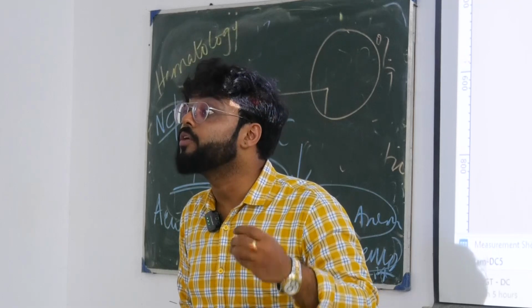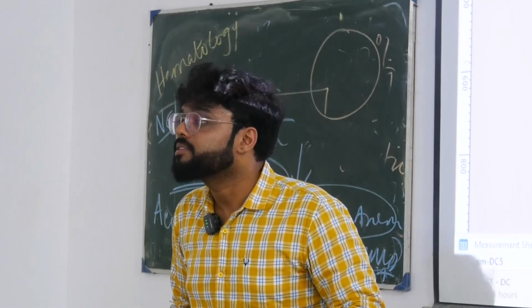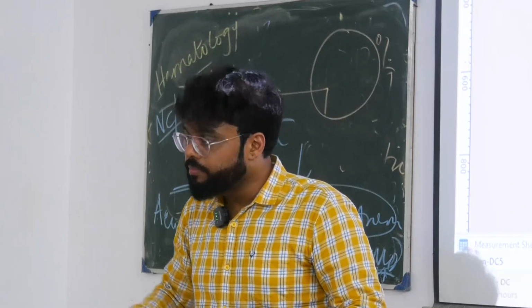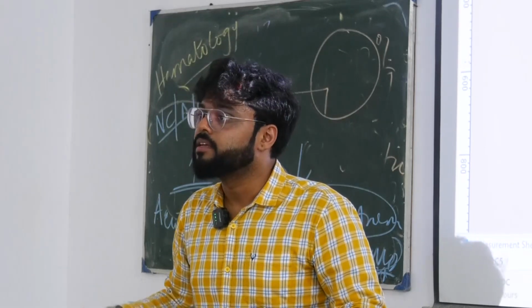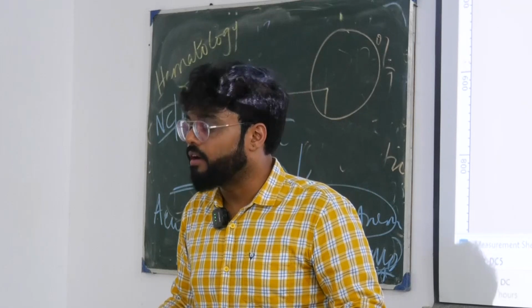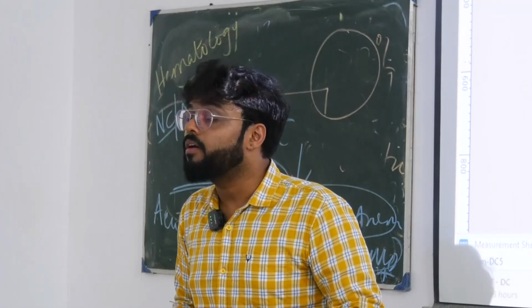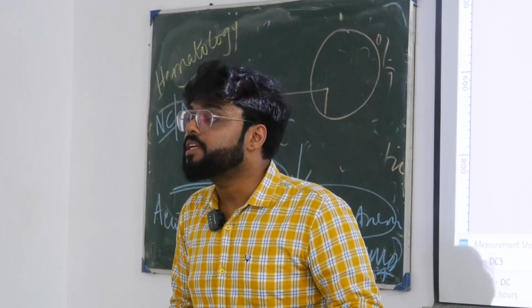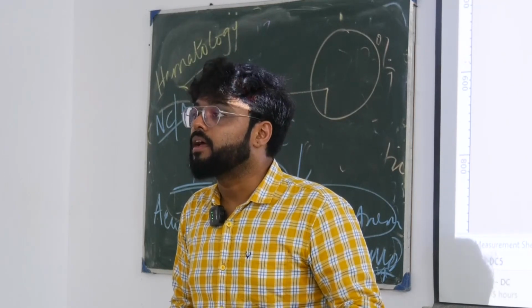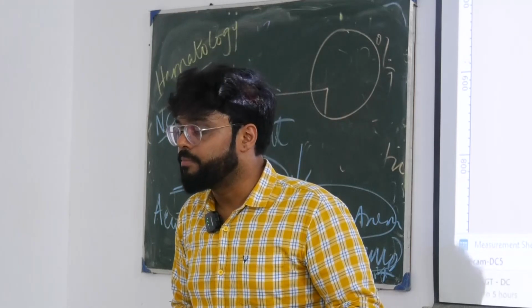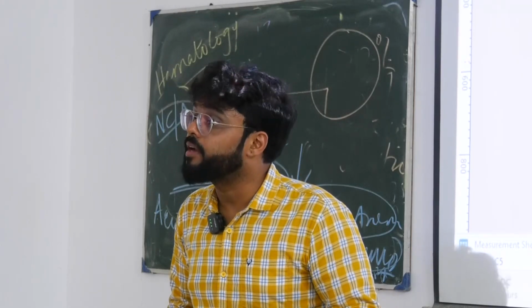If there is genitourinary loss, suppose bladder carcinoma, so loss of blood through the urine, so there will be increased destruction of heme, loss of blood, or there might be dietary deficiency of iron, malnutrition, which can occur in pregnant women.